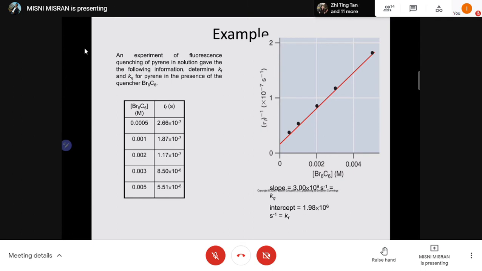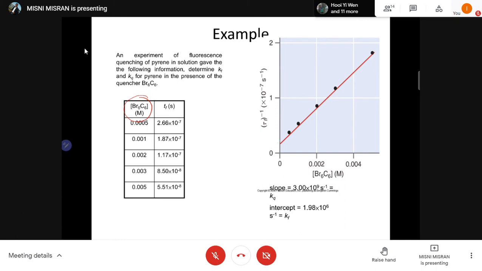So over here you have the different concentrations, you have the fluorescent lifetimes. Sorry about this because the line, when it was plotted and transferred, is not straight.